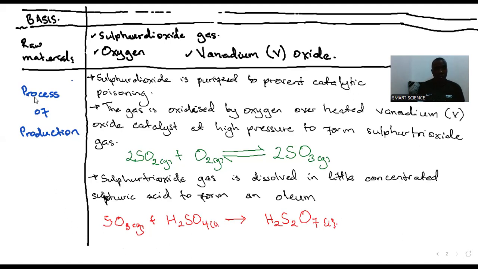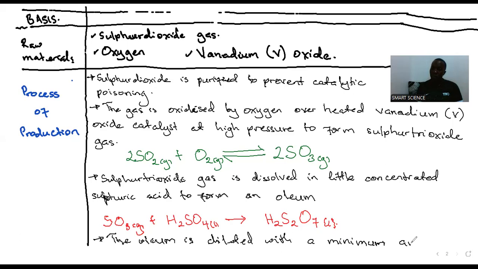Still under the process of production, it is this oleum that is diluted with a minimum amount of water to form concentrated sulfuric acid.